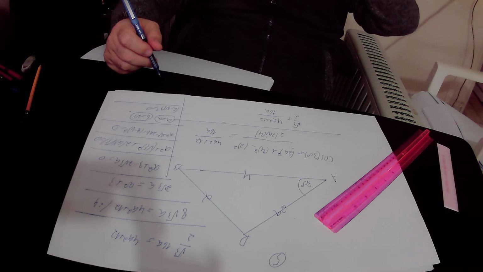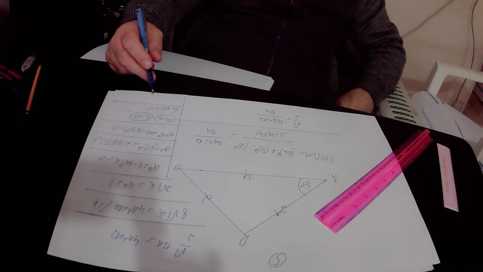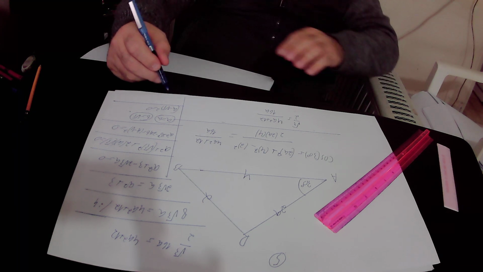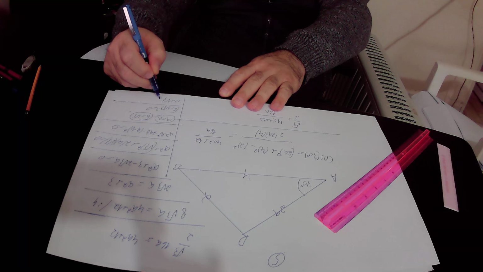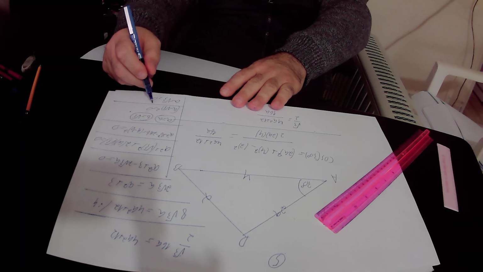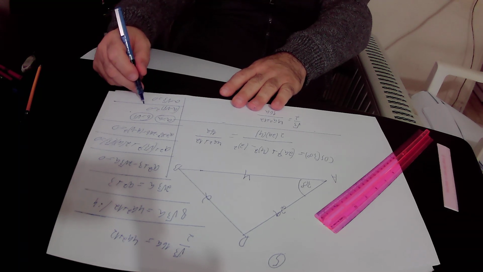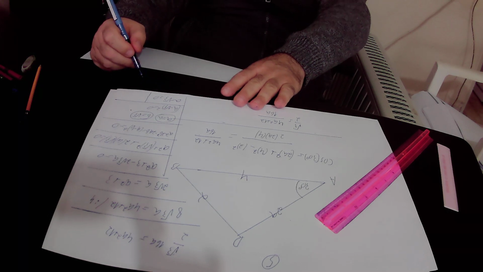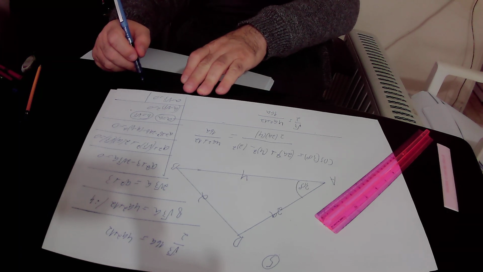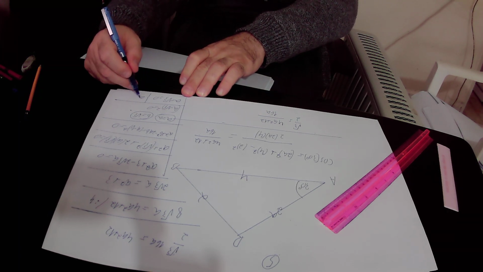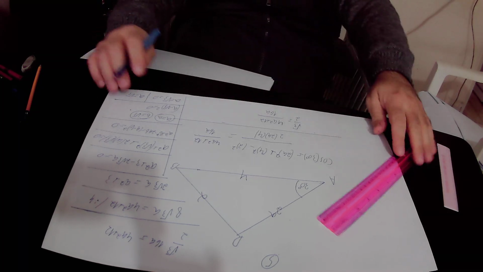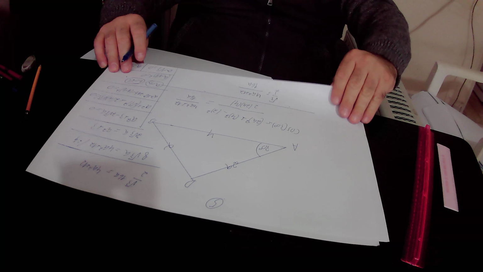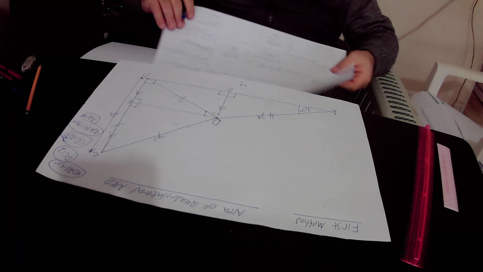Here we will take a root out of this equation, and we will get that a minus square root of 3 equals 0, because the square root of 0 is 0. We will add square root of 3 to this equation, and we will get that a equals square root of 3 units. So we found out that a equals square root of 3 units.